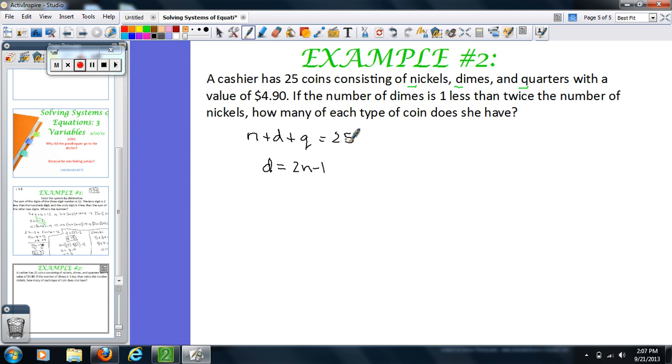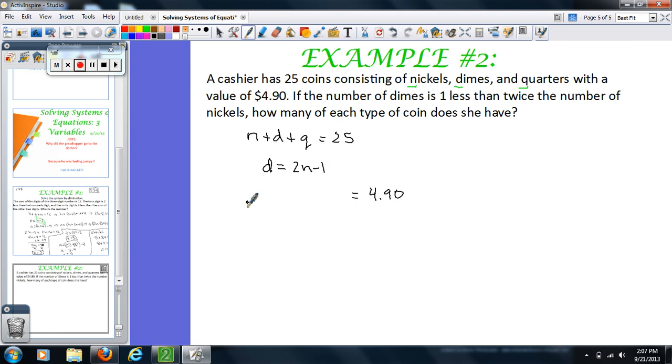It says how many of each type of coin does she have. Now, this is where we're going to have to come up with the bigger equation. This is $4.90, because we know that the total amount of money you have is $4.90. Okay? Now, how do we find out how much money you actually have? How much of each one? Well, you're going to take the value of each nickel and multiply it by the number of each nickel.